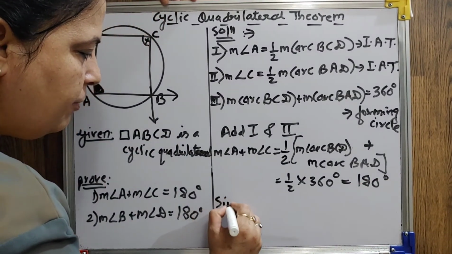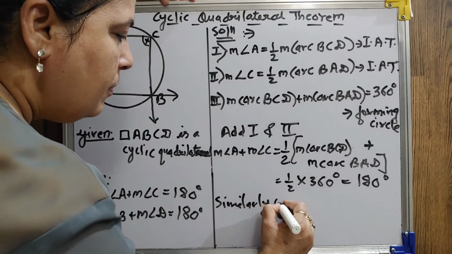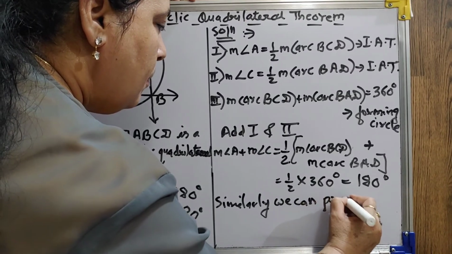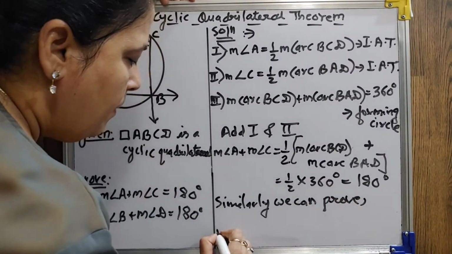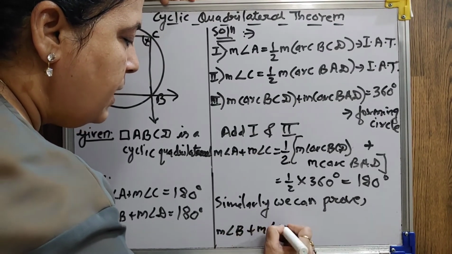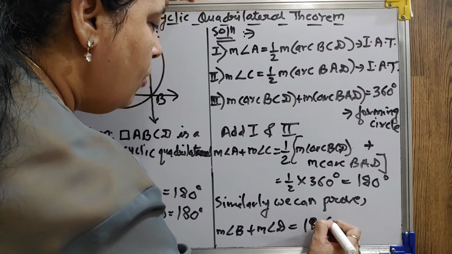So similarly, we can prove my measure of angle B plus measure of angle D is also 180 degrees. See how?